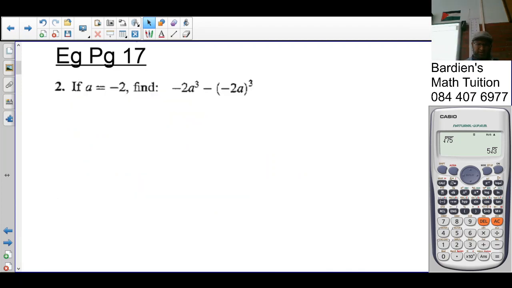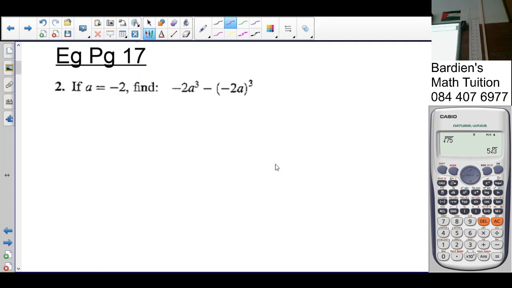Okay, so at this point you should be done. So looking at the example on page 17. Here we are given, if a is equal to negative 2, find the numerical value of negative 2a cubed minus, open brackets, negative 2a all cubed.